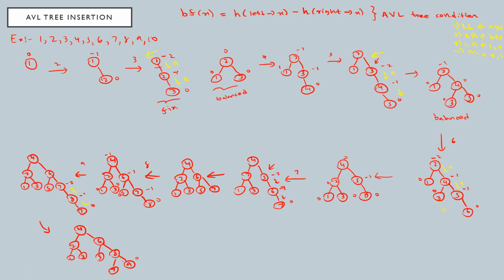So balance factors are 0 0 0 0 -1 0 0 0 and -1. Okay, so let's insert our last value. So 4 2 1 3 and 6 and 5 8 7 9 10.